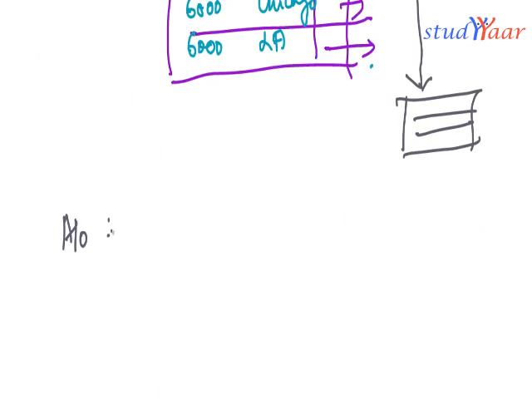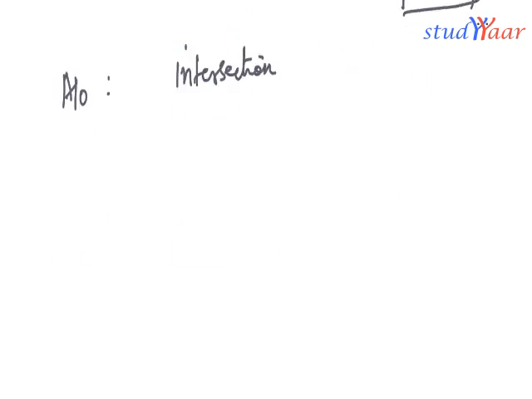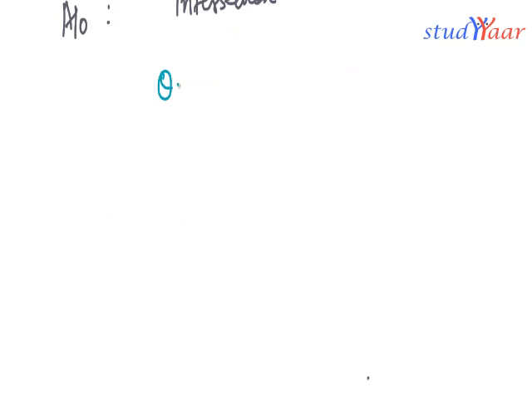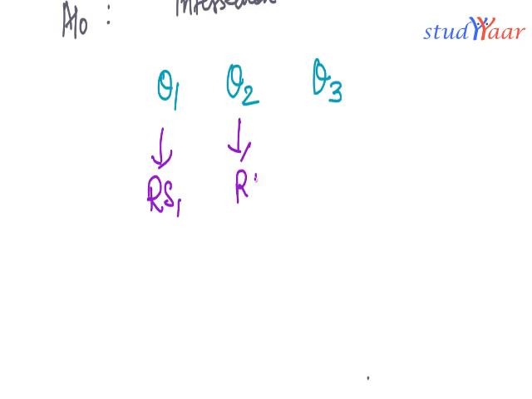Now let's look at A10. A10 is conjunctive selection by intersection. Over here we calculate individually theta1 using the best algorithm, theta2 using the best algorithm for this condition, and theta3. Let's suppose here I get result set 1, here result set 2, and here result set 3.